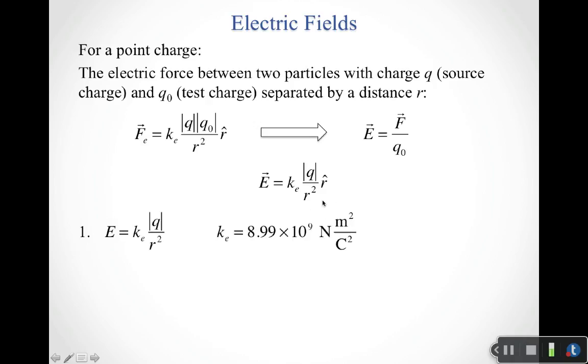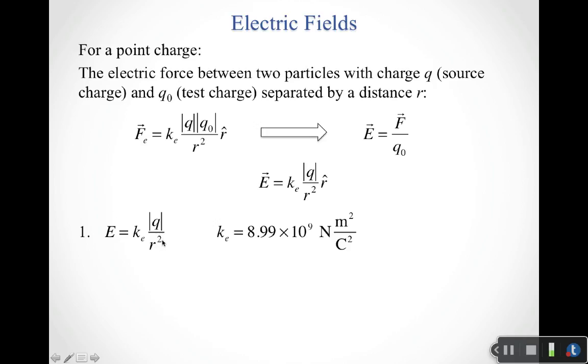Well, this is a vector, and like any other vector, it's got both a magnitude and a direction. And so for starters, let's think about what the magnitude is saying here. It says that the magnitude of the electric field is equal to, again, our Coulomb's constant, 8.9 times 10 to the 9th Newton meter squared per Coulomb squared, times the magnitude of the source charge divided by r squared, and now r in this case is the distance from your source charge to the point P that you're interested in knowing the electric field at.